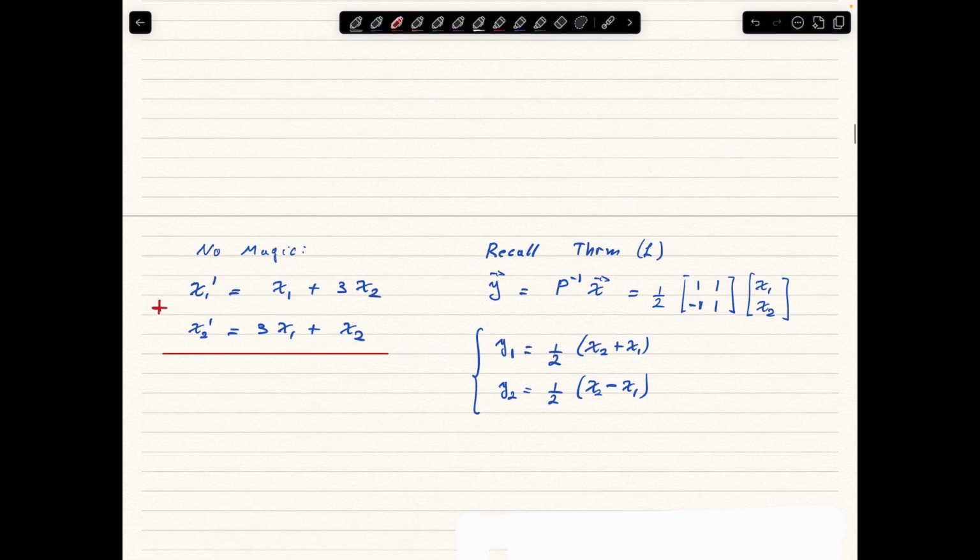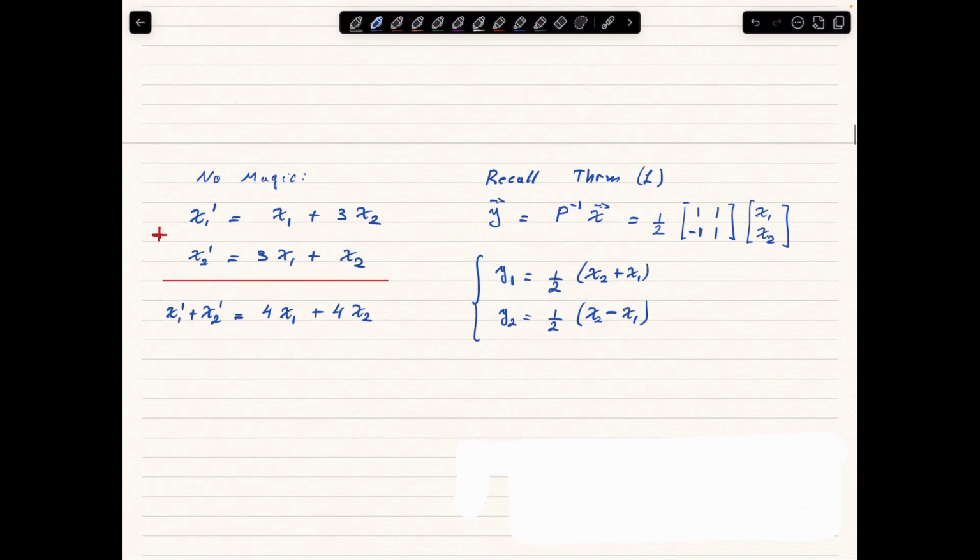What happens if we add the equations? If we add the equations, we are going to get x1 prime plus x2 prime. And on the other side, what do we get? Well, we get 4x1 and also 4x2.